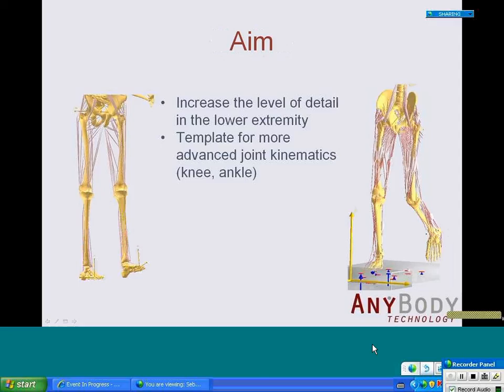It's not only for nicer graphics, it's also for a much more detailed analysis of stresses and strains within the body, and it should also work as a template for more advanced joint kinematics, where you may need these more sophisticated muscles.